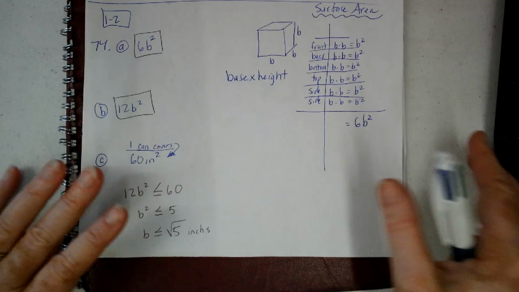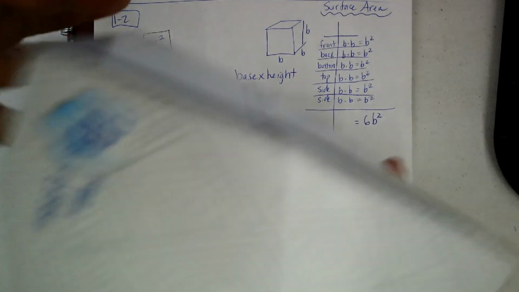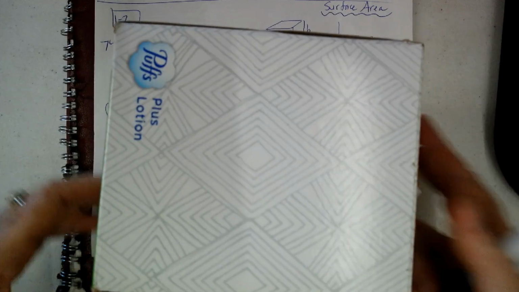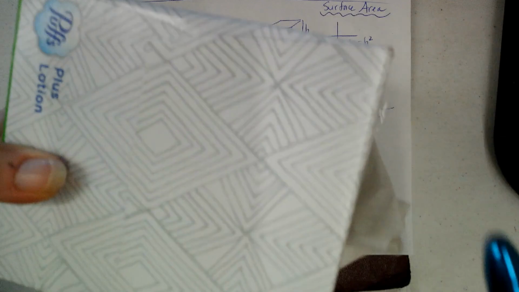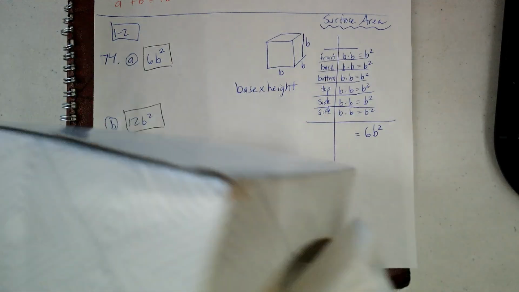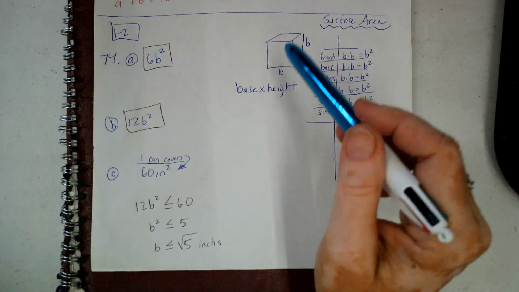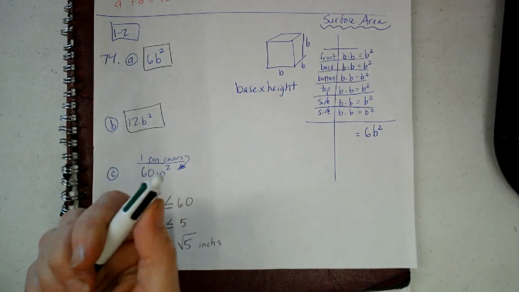When you're talking about painting, you're talking about surface area because you're covering the surface. Like this is kind of like a block, right? I'm going to paint the front, and the back, and the top, the bottom, and the two sides. So a block like this one has 6 faces for me to paint.